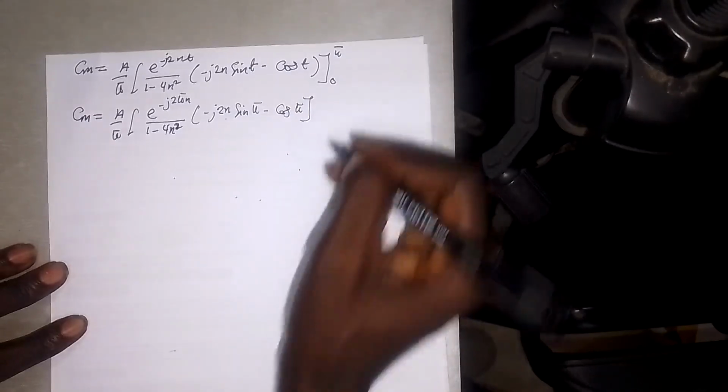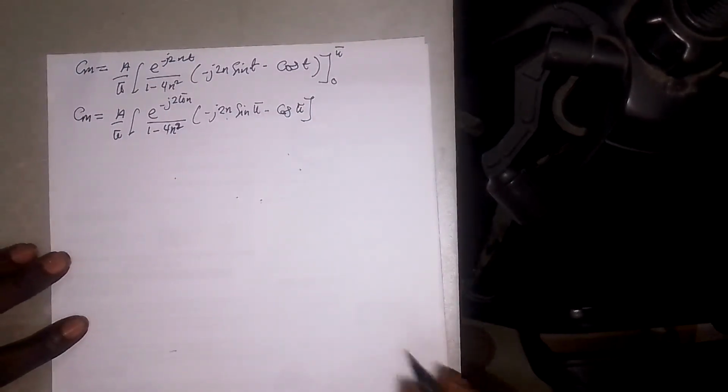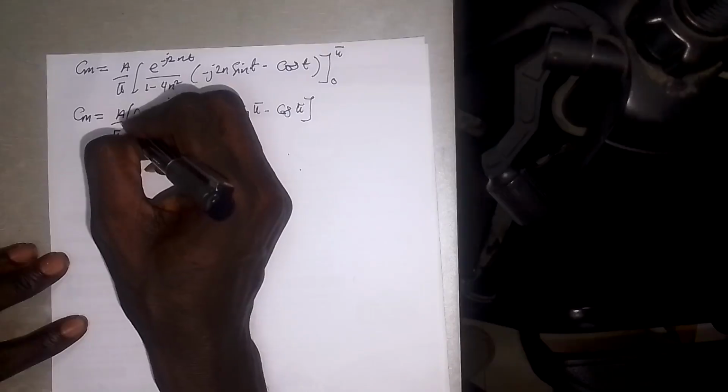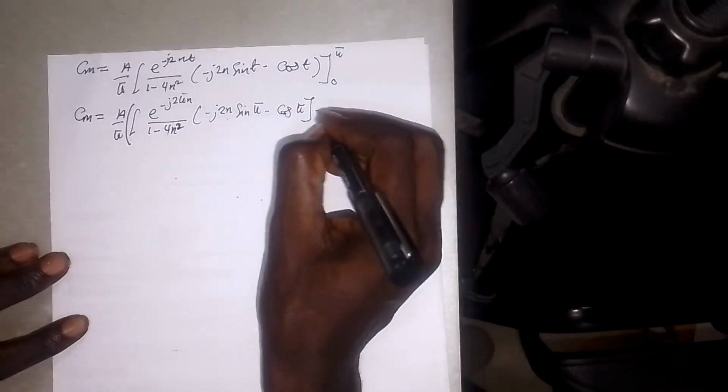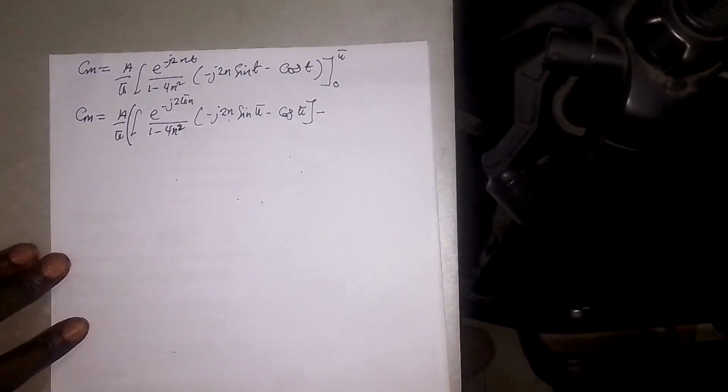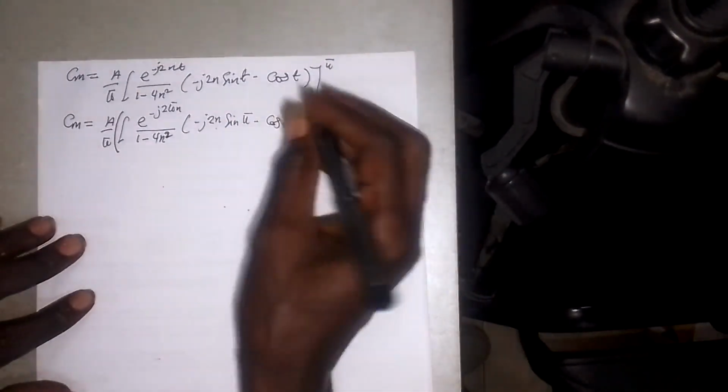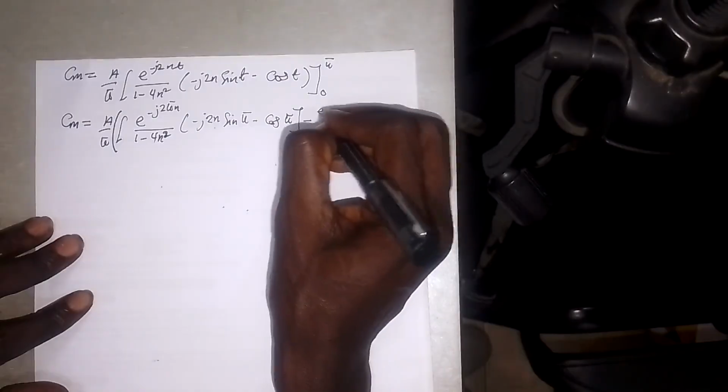So now this is what we have here. All this minus, when we put in 0, e exponent what? We're going to have e exponent.